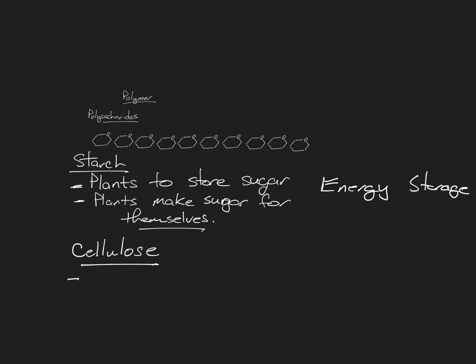It's made by plants for structure. Even plants can't eat this. Once plants make cellulose, they can't eat it. This is their skeleton. You're sitting on the skeleton of a tree. They make the skeleton from sugar. This is just the same sugar you eat, glucose, except they're all put together in a way that we can't break down.